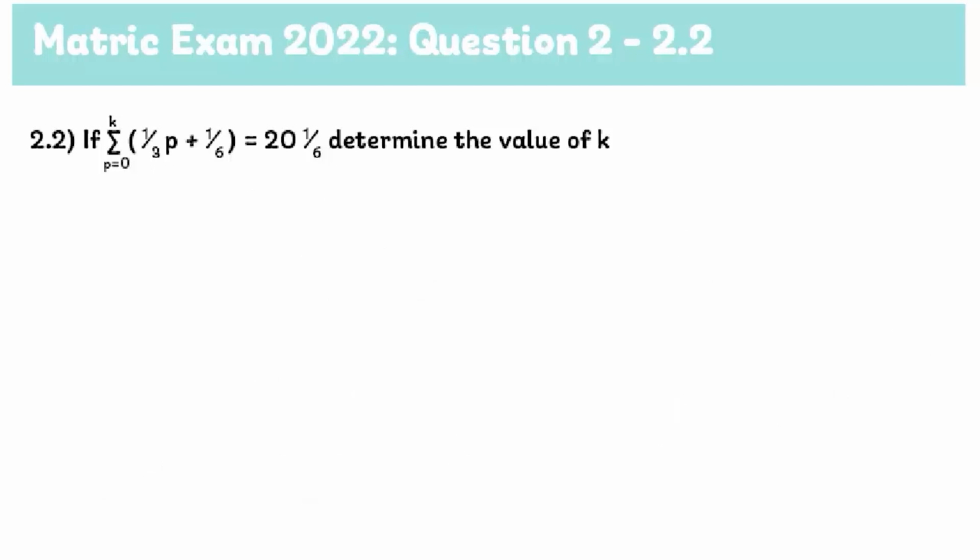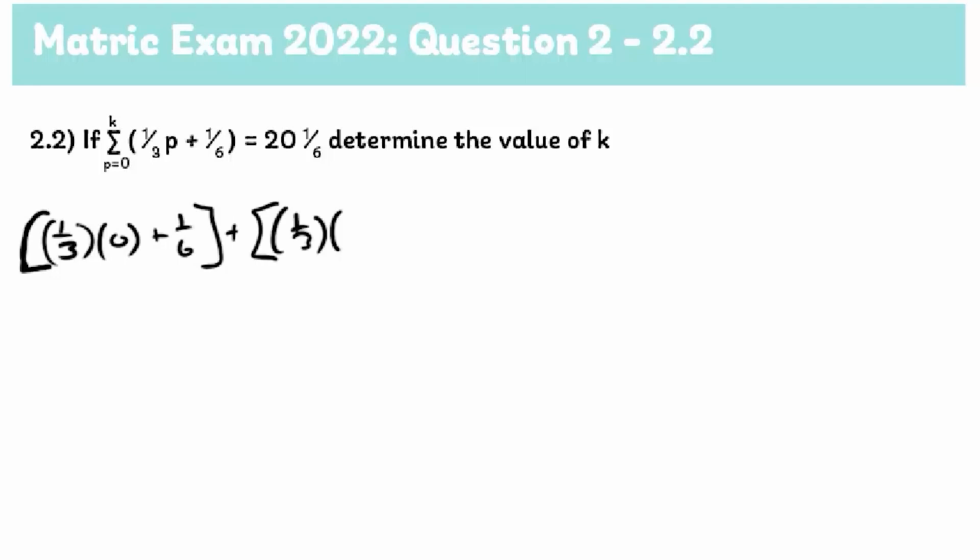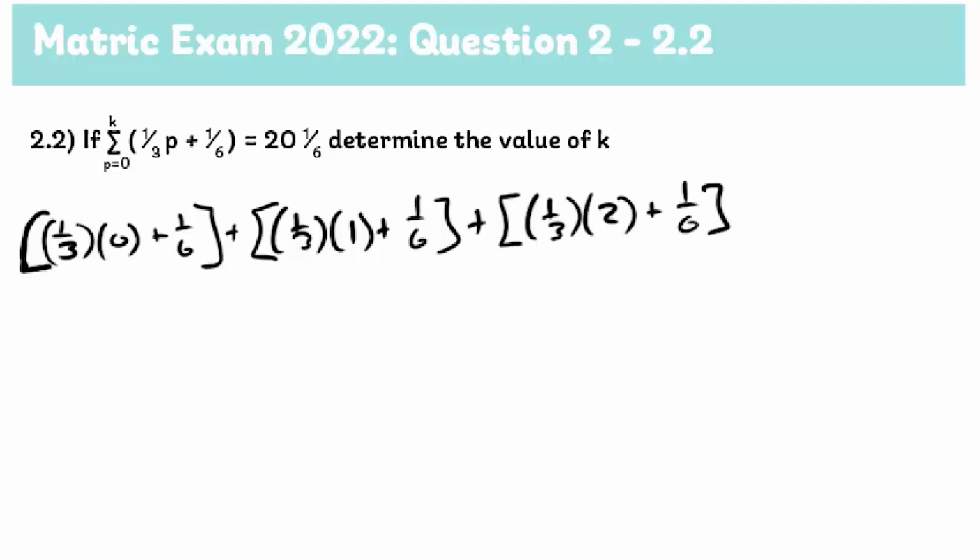So let's determine which series we are working with. Let's make square brackets. So it's 1/3 times 0 because p starts at 0, plus 1/6. Then we have 1/3 times 1 plus 1/6. 1/3 times 2 plus 1/6.